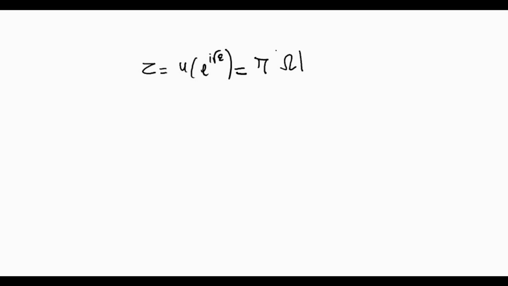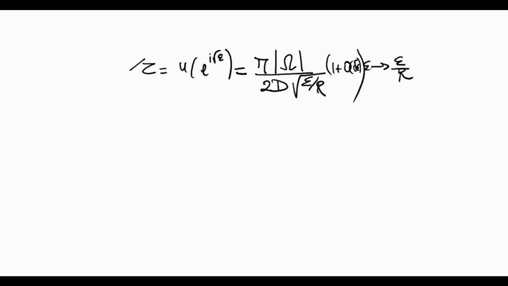So if I go back now to the scaled variable, epsilon was epsilon divided by r. So this is now divided by 2d multiplied by square root epsilon divided by r, 1 plus o square root of epsilon. So this is precisely the mean first passage time it takes to escape from a cusp.